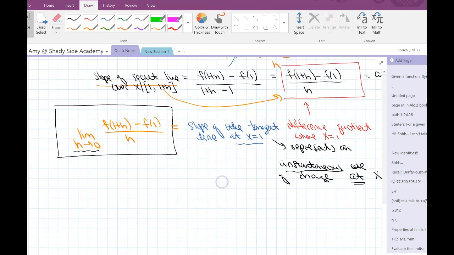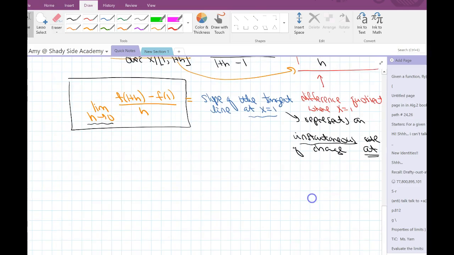Well, you know what? Here's the thing, boys and girls. Since we know what f of x is, we're going to calculate this limit of a difference quotient. Why not? Because we know that f of x equals, what was it? Is it 1/2 x squared? Yeah. All right. So let's calculate this limit of a difference quotient.